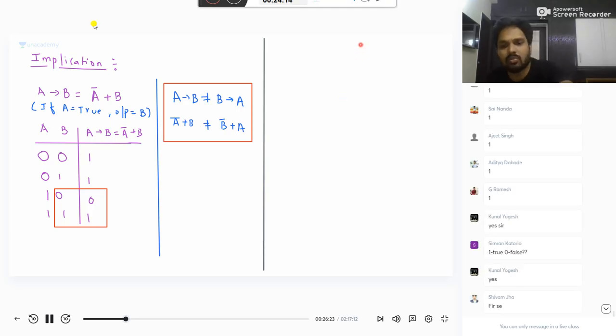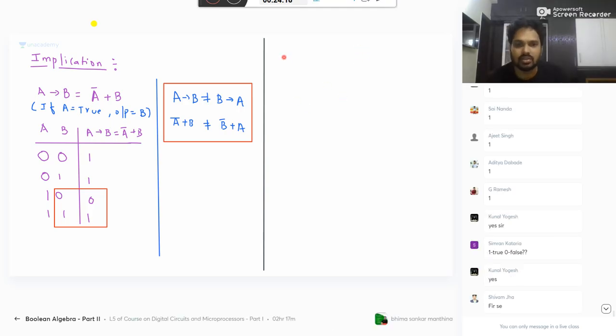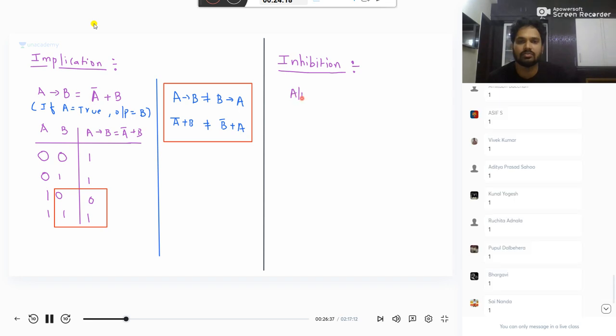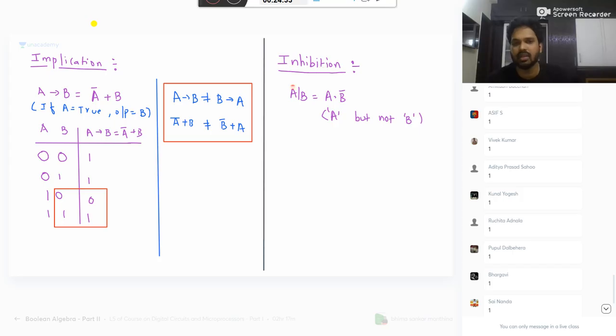Similarly, there is one more case called inhibition. A inhibition B is nothing but A into B bar. You can simply say it is A but not B. What is the meaning of A inhibition B?